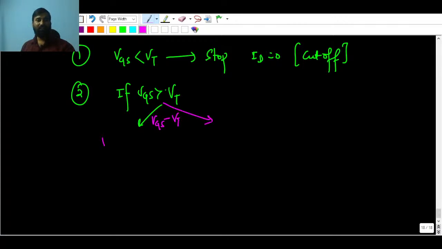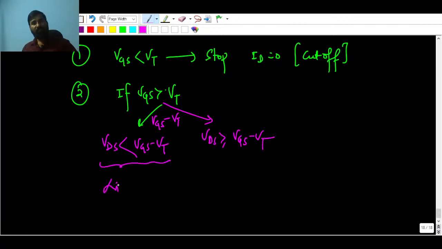You will get either VDS less than VGS minus VT, or VDS greater than or equal to VGS minus VT. The first is the linear region, I mean your MOSFET is working in the linear region, and the other is known as saturation.